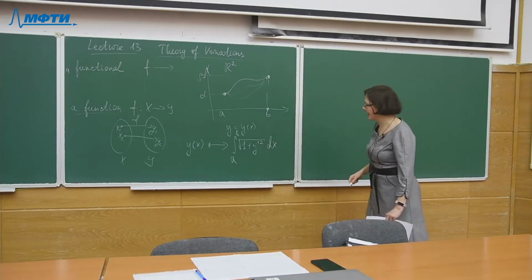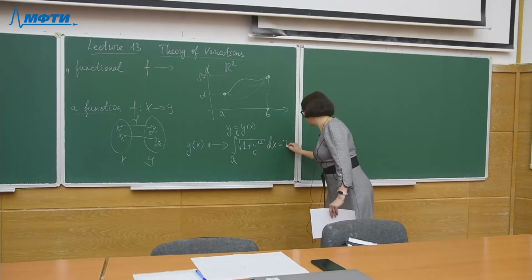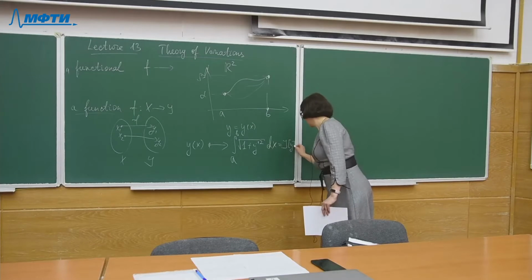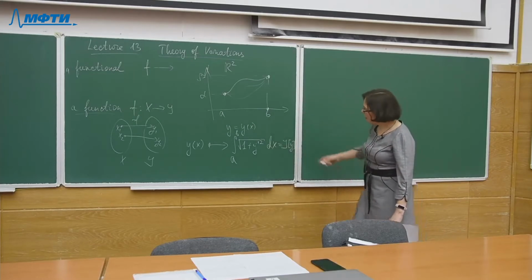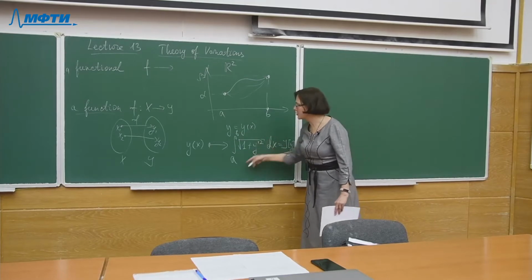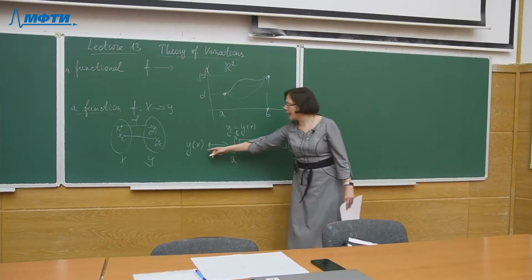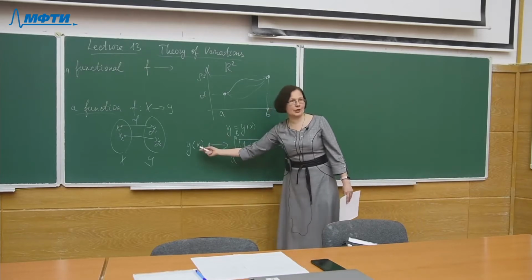And this is a functional. We will denote it by G of y. So this functional associates a number to any function y. So the argument is not a point but a function.